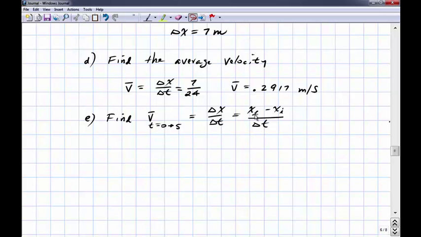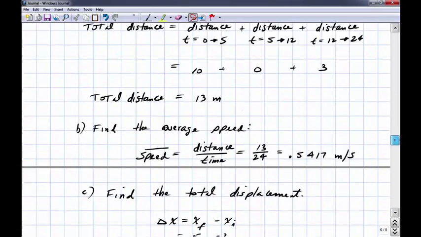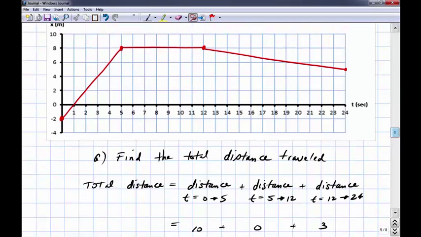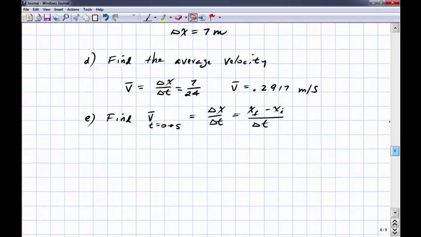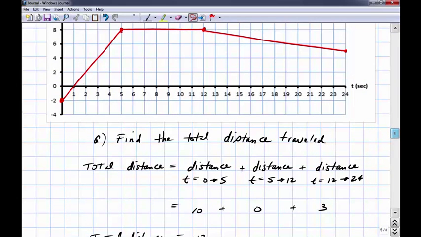Now, x final now is the position at time equals 5 seconds. Let's see if we can identify that. So there's our graph, and at time 5 you'll note that our position equals 8. So that's x final. Our initial position corresponds to a time of 0, so that hasn't changed. At time 0, our position equals -2, right here.